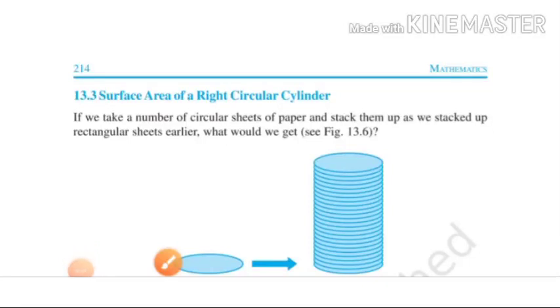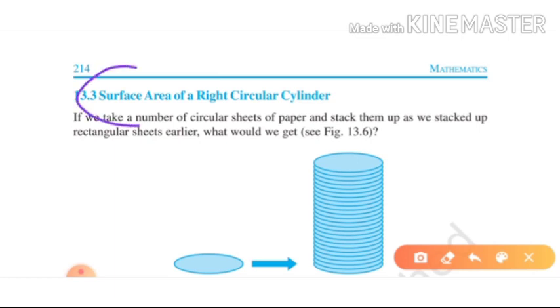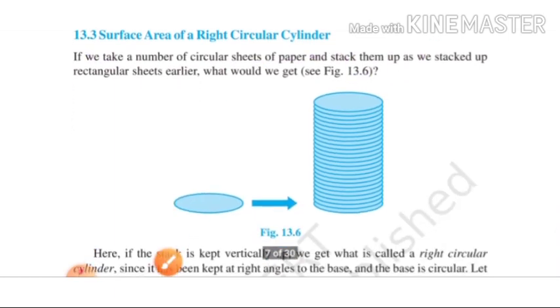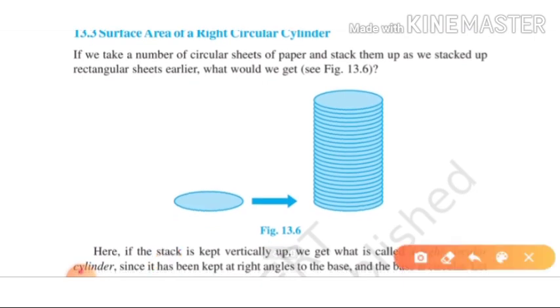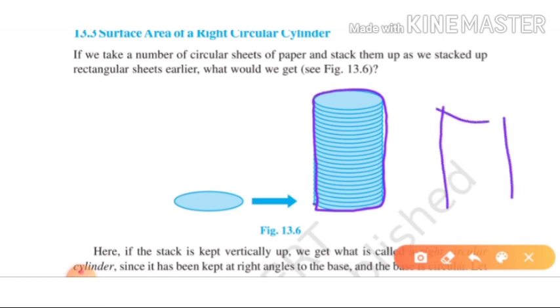Hello everyone, welcome back. In this video, we are going to learn about the surface area of a right circular cylinder. Now, cylinder, if you look at here, if you take this, this will be a cylinder.